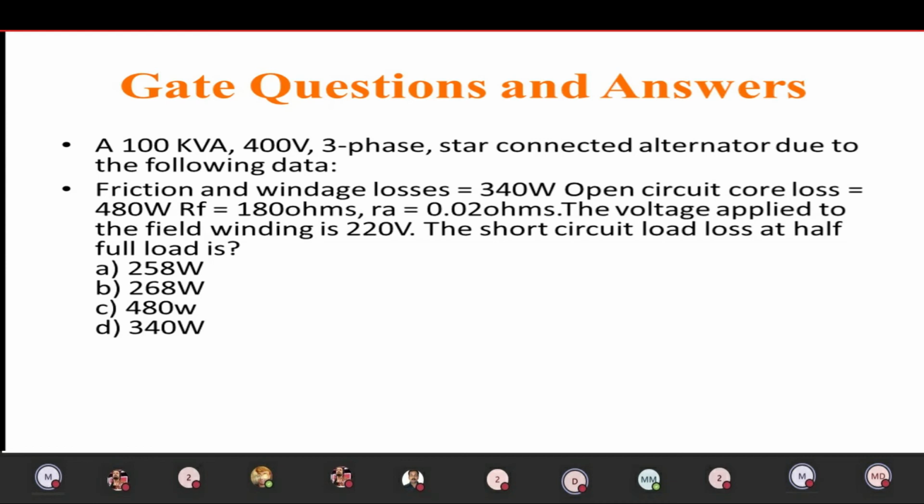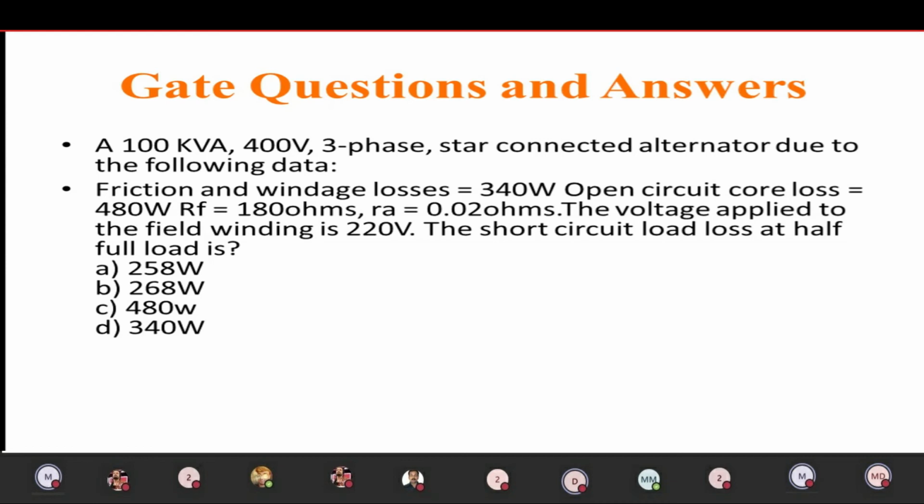So we have different data: friction and windage loss is equal to 340 watt. Then open circuit core loss is equal to 480 watt. Then RF is equal to 180 ohms.